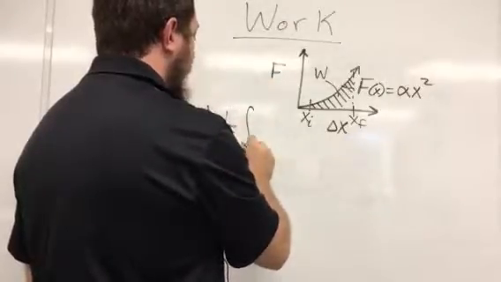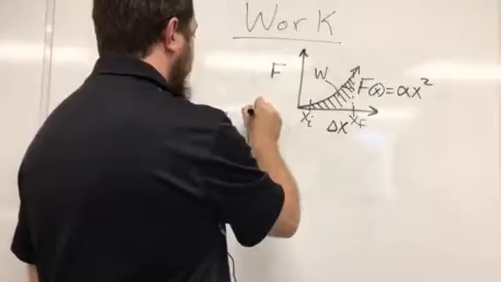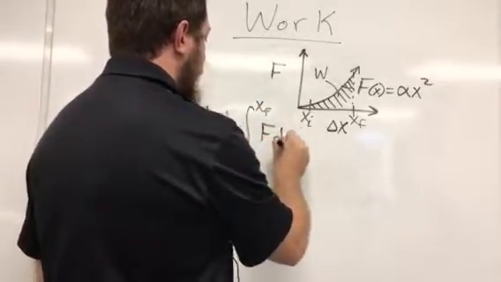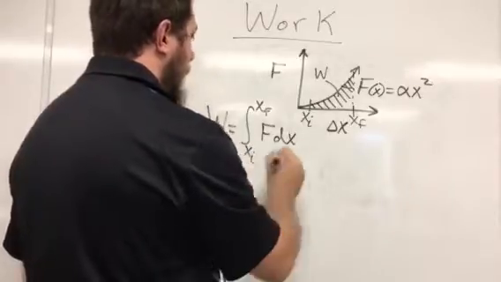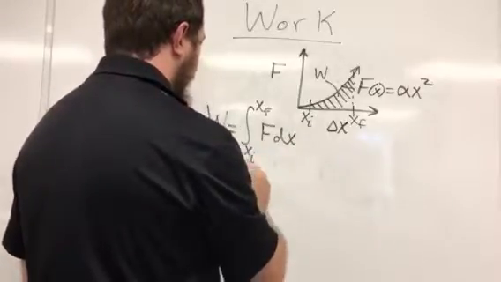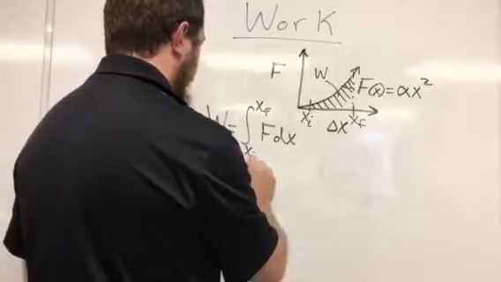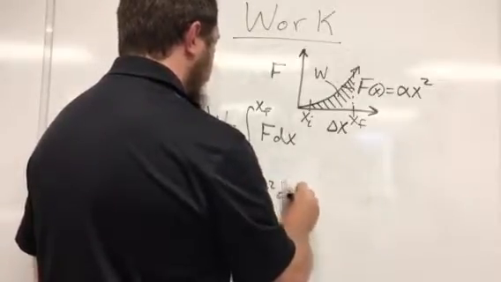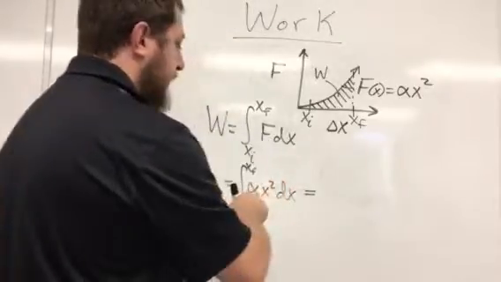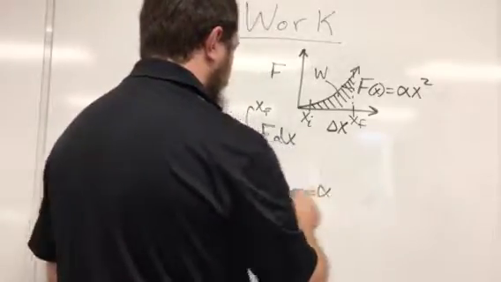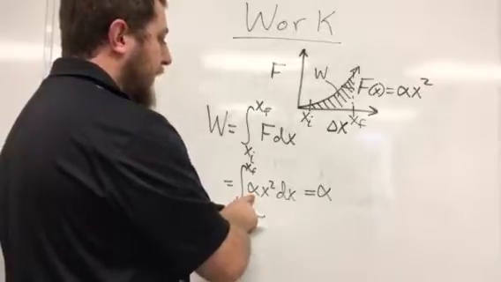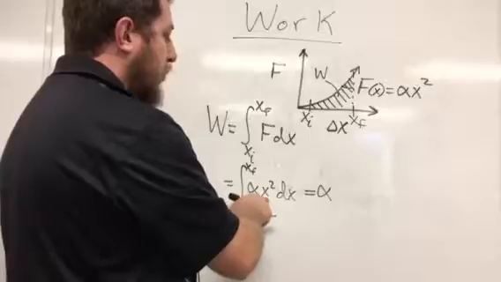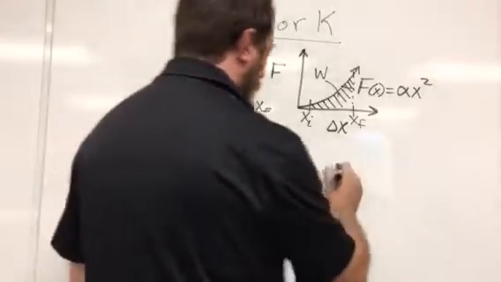So this is going to be the integral from xi to xf of f dx. If I carry this integration out, I get the integral from xi to xf of alpha x squared dx, and my alpha is going to come out of the integral since it's a proportionality constant, and the integral of x squared is 1/3 x cubed.